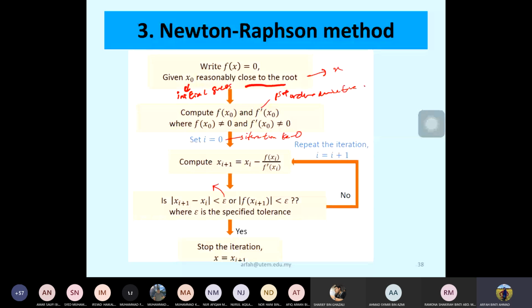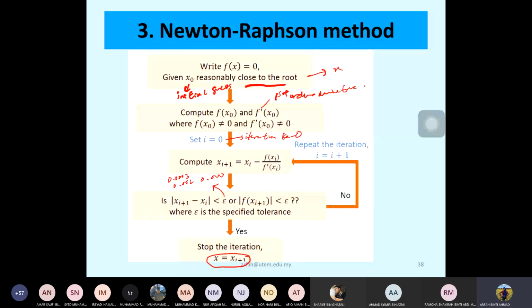Error ni depends. Kalau soalan kata 0.0003 atau 0.002 and so on, then only you will stop the iteration. So you will have the solution x akan sama dengan nilai x pada iteration yang ke I plus 1 itu yang awak dapat.